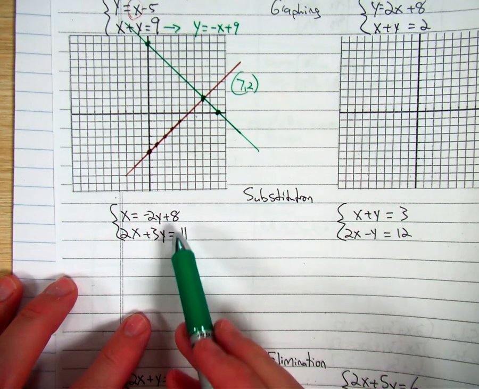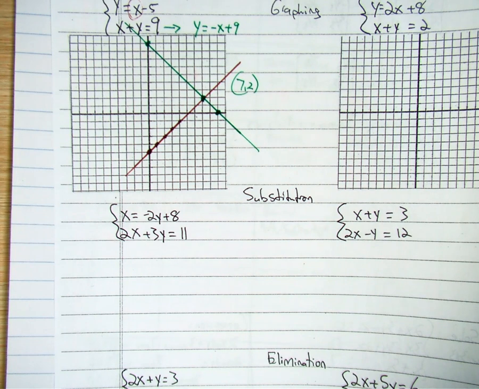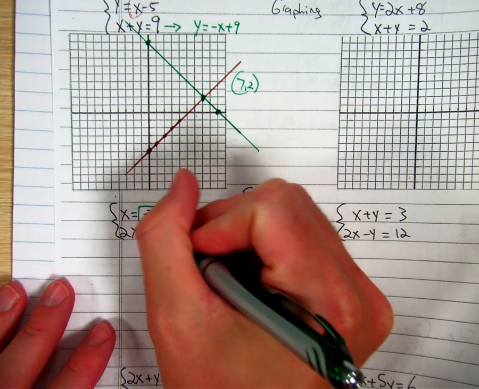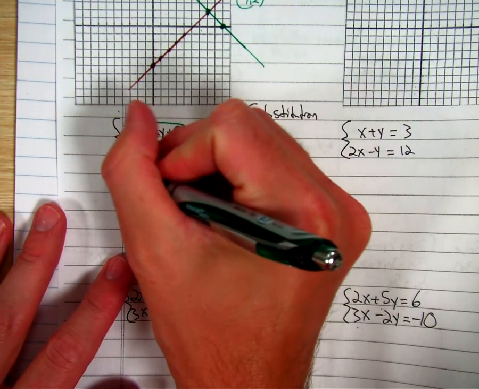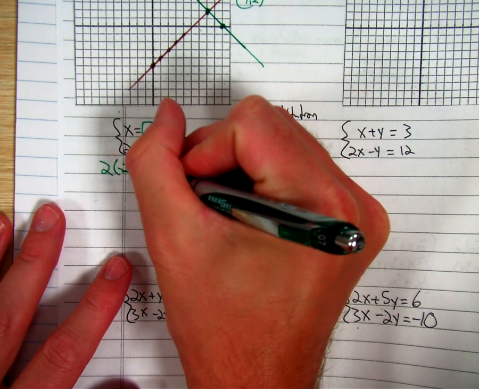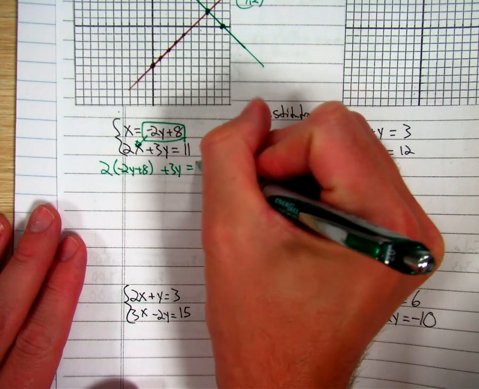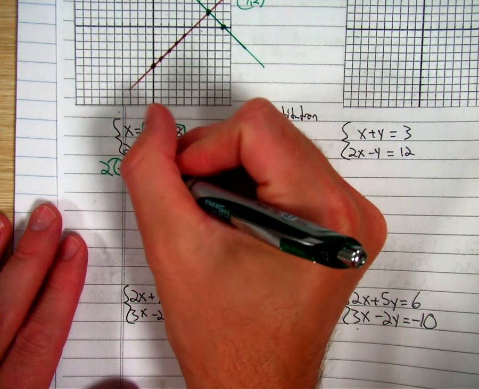Okay, so we have x equals negative 2y plus 8, and we're going to plug that in for the x. So we'll have 2 times negative 2y plus 8, plus 3y equals 11. Distribute your 2.